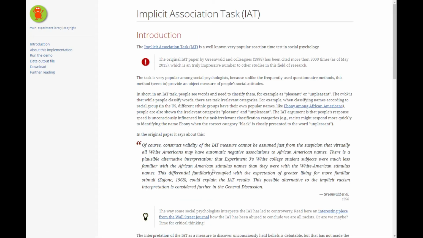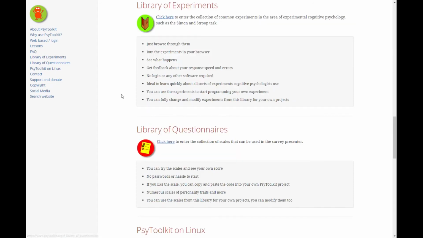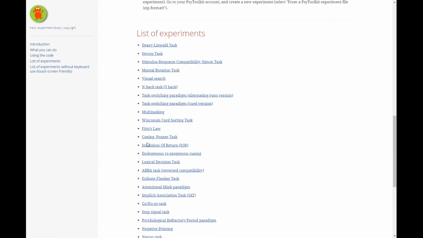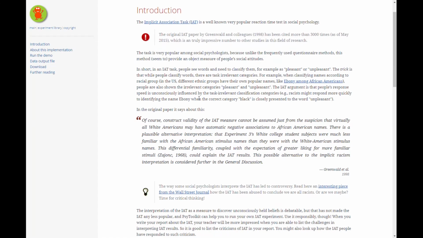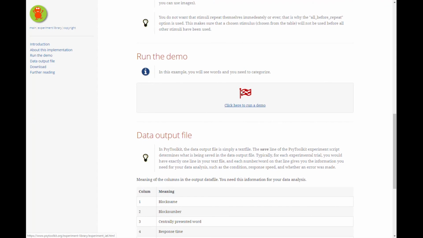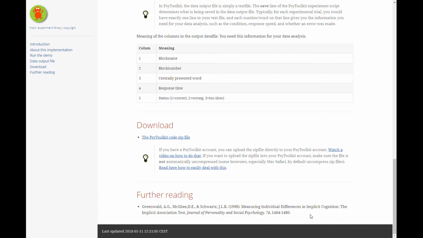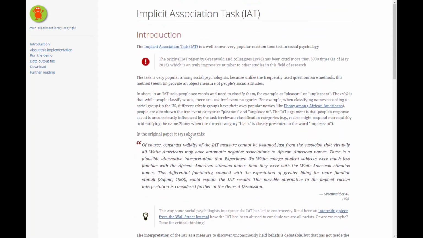So if you go to scitoolkit.org, you want to go into Library of Experiments and then find the implicit association task. And it will tell you about the implicit association task, how it works, a description. You can run a demo of the original version, not the version that I created, and it will give you additional reading that you can refer to.